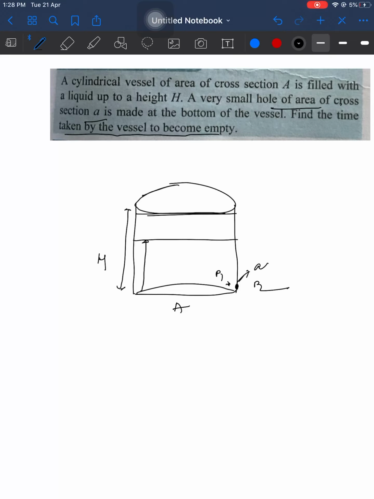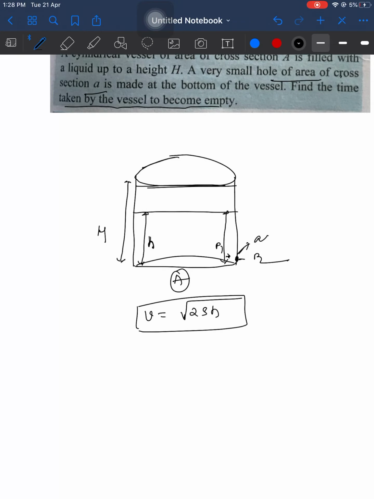I am assuming a certain height h, and the velocity through the hole is V equal to square root of 2g h. The base area is A. Listen carefully, this point is very important: the volume decreased in the container is equal to the volume of liquid leaving the container.